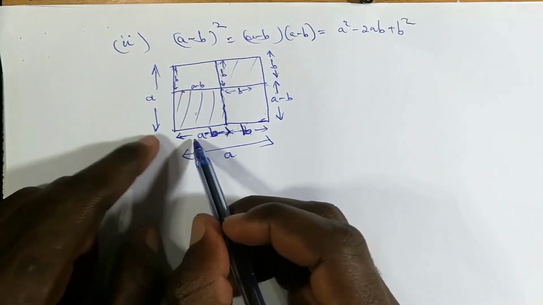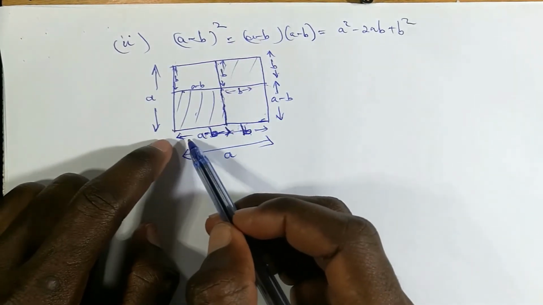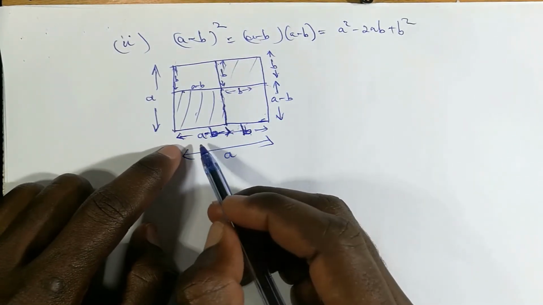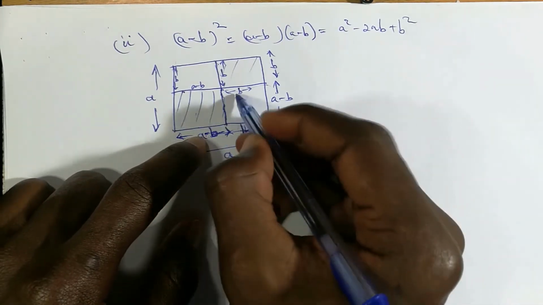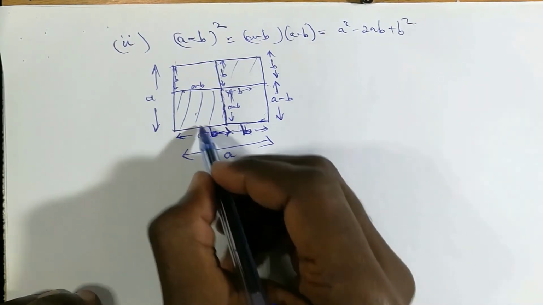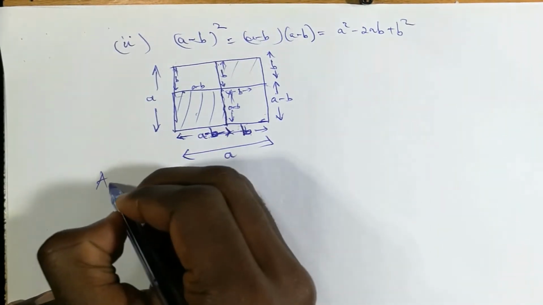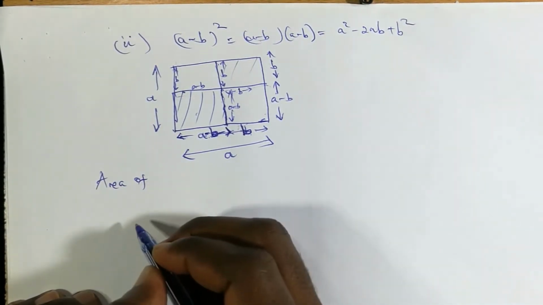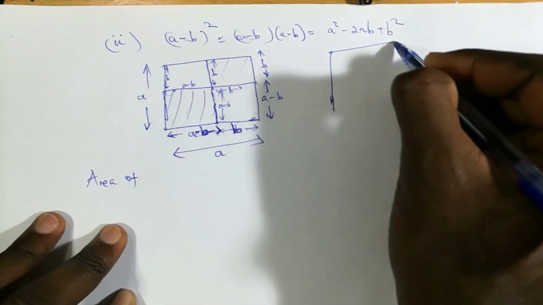So we can see that all the area of this can give us this. We have here a minus b, a minus b here. So we can say that the area of this shaded part, which is a square, let me try to draw a clearer one, it was hard deriving that.